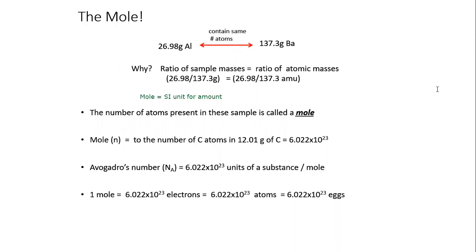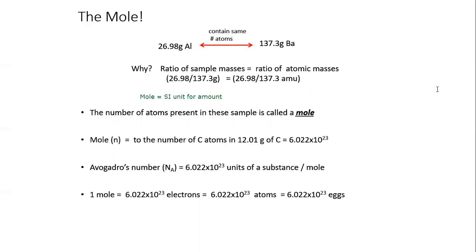So a mole of anything is 6.022 times 10 to the 23rd of that quantity. So if you had a mole of electrons, it's 6.022 times 10 to the 23rd electrons. If you had a mole of atoms, it's 6.022 times 10 to the 23rd atoms.